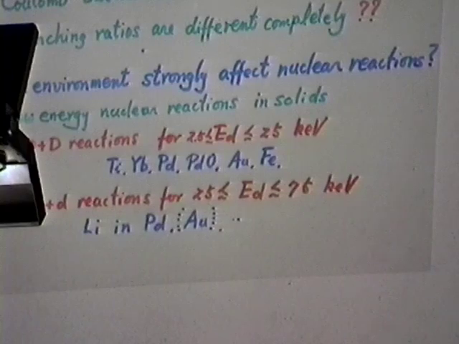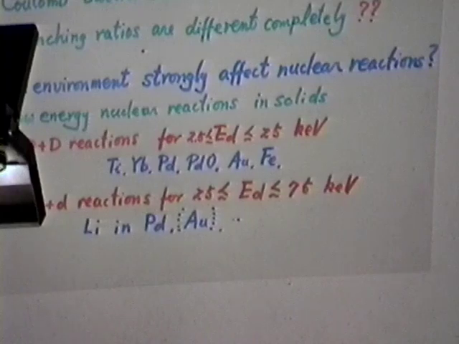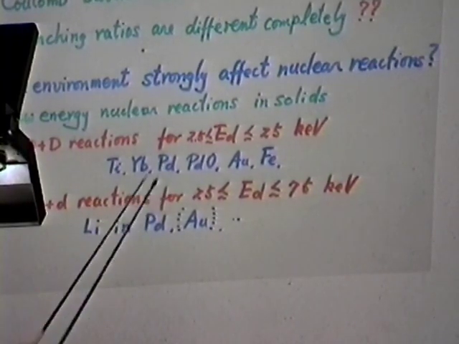And in these several years, we did low energy nuclear reactions in solids, for example, DD reactions with incident energy of the keV order. And in the last ICCF conference, we showed strong evidence of the enhancement of the reaction rate just for palladium and palladium oxide.